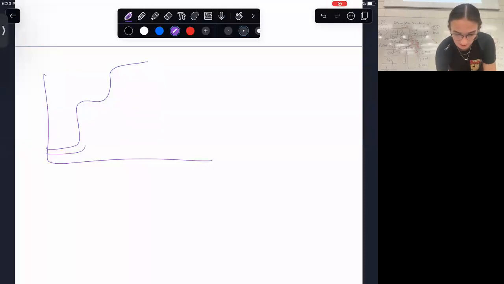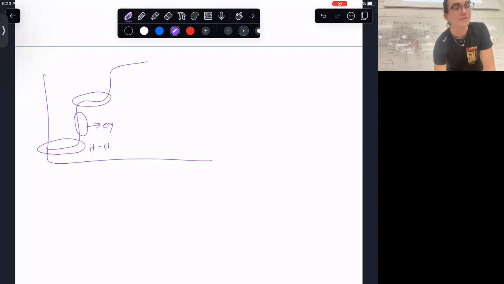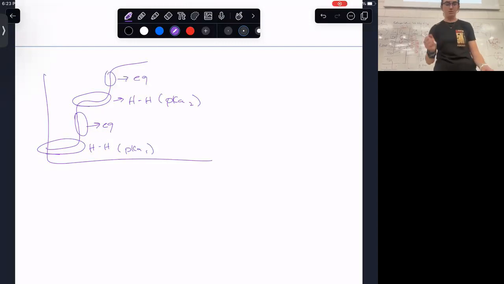Here is Henderson-Hasselbalch, here is equivalence. Here is another Henderson-Hasselbalch with pKa 2. And then here is another equivalence point. So it's like Henderson-Hasselbalch, ice table, Henderson-Hasselbalch, ice table.